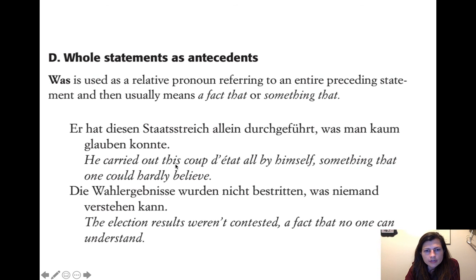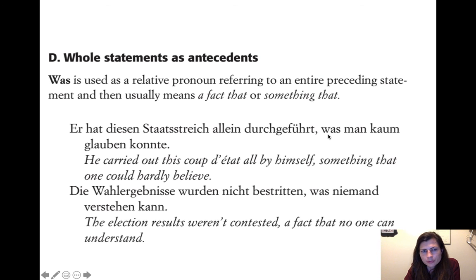So he carried out this coup d'etat all by himself, something that one could hardly believe. Staatsstreich is one word. Hat diesen Staatsstreich allein durchgeführt: he carried out this coup d'etat all by himself. And then was man kaum glauben konnte: one could hardly believe this whole situation I just described.